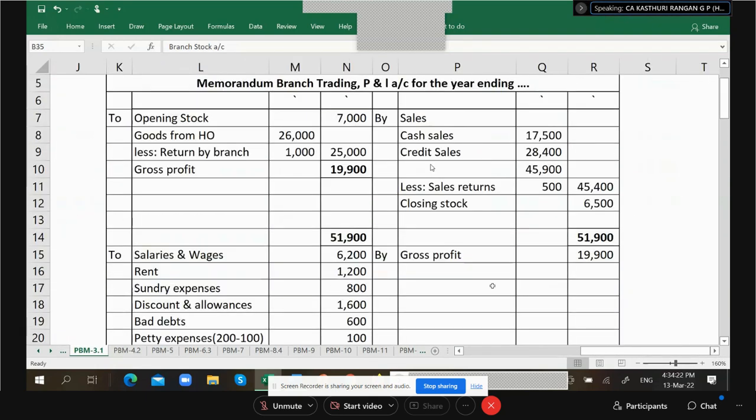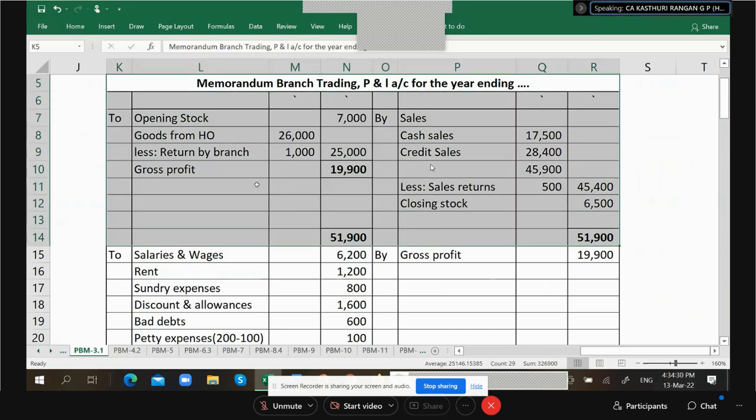You remember? In the memorandum method, what is the gross profit? 19,900. So the memorandum trading account and the stock and debtors method are one and the same. But memorandum account is prepared at the end, whereas stock account is prepared regularly like any ledger account. That is the basic difference. Are you clear?